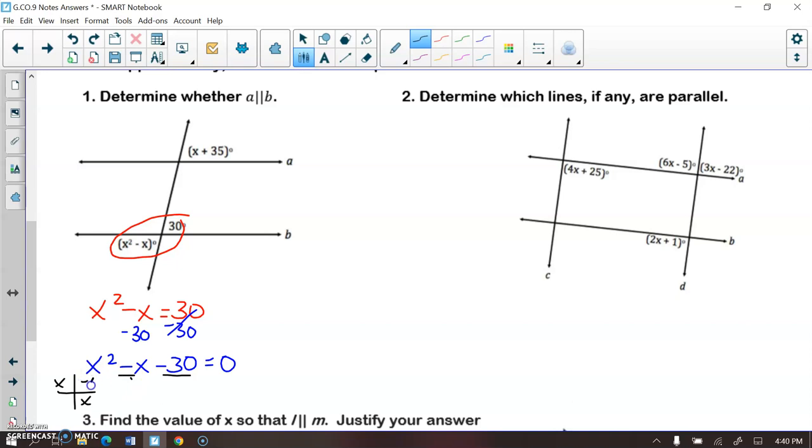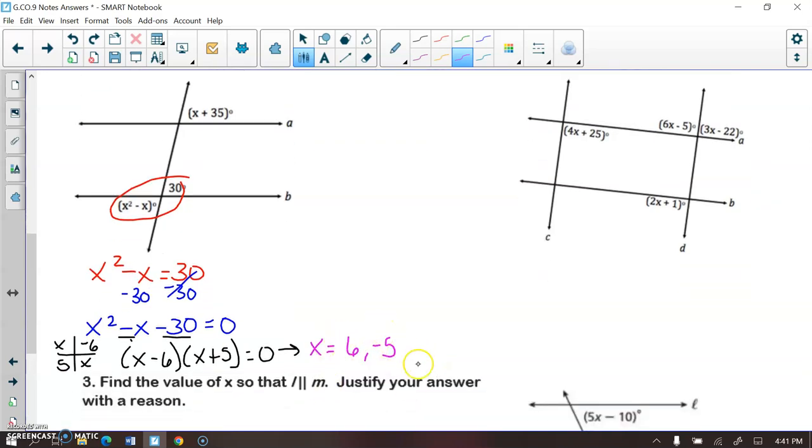That's going to be a -6 and a 5. So I have an x minus 6 times an x plus 5 equal to 0. And if I were to set both of these equal to 0 and solve for x, I would get x is 6 and x is -5.